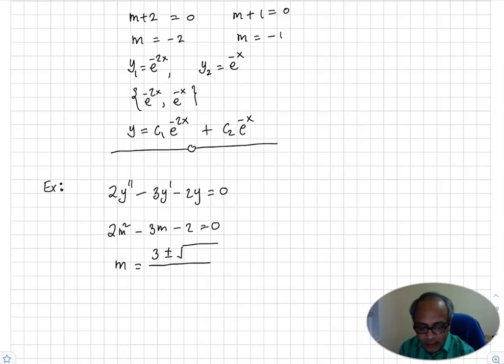So minus b plus or minus the square root of b squared minus 4ac, 4 times 2 times 2, 16, divided by 2a, which is 4.